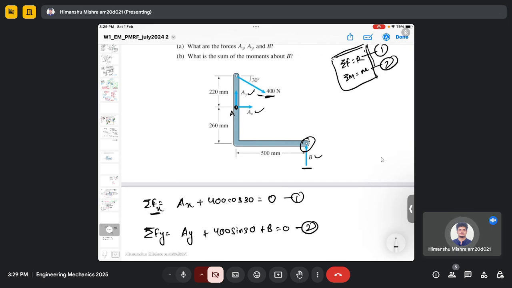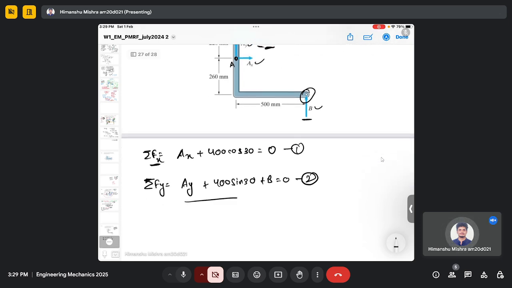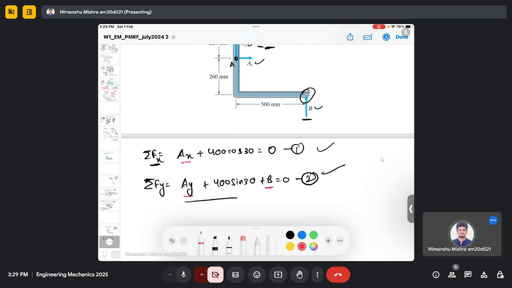So in the previous problems that we have solved until now, we have been using these two equations to calculate the unknown forces. But as you can see, you have two equations here and you have three unknowns. Ax is unknown, Ay is unknown and B is unknown. So you need a third equation here.